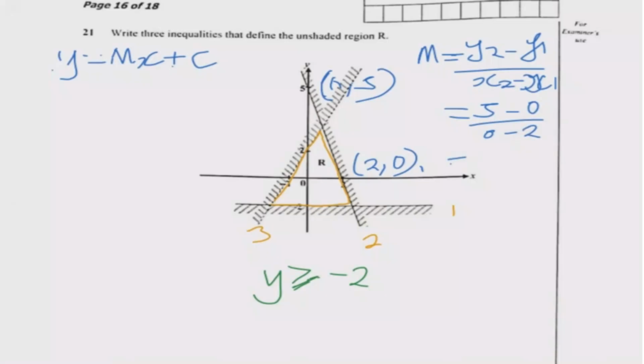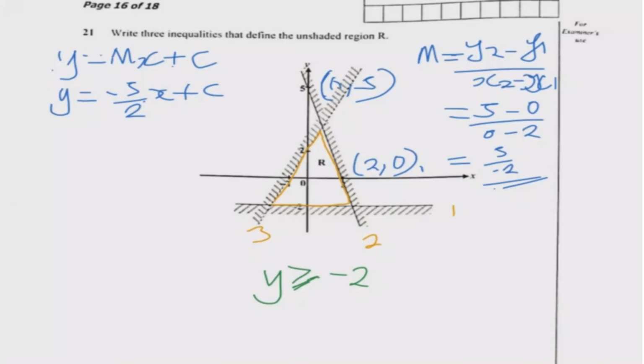Okay, I hope you are following me. The answer we get is 5 over -2. That is the gradient, so we can write y is equal to negative 5 over 2, then x plus c.